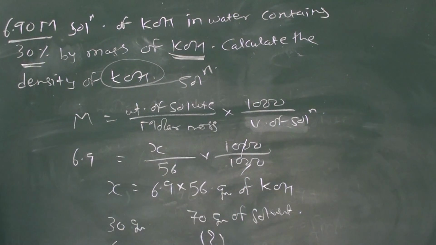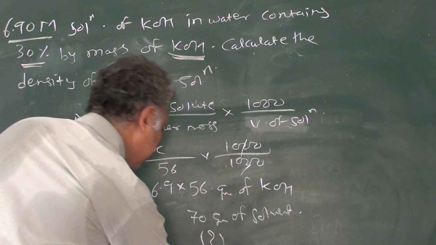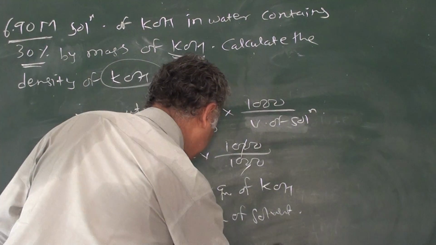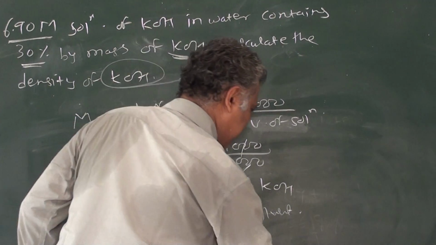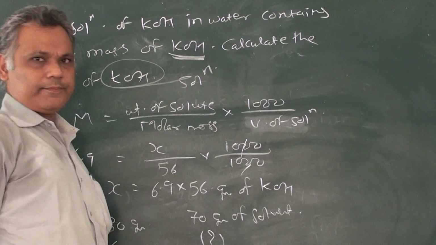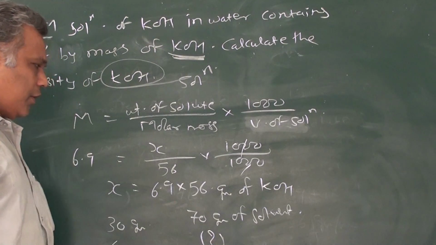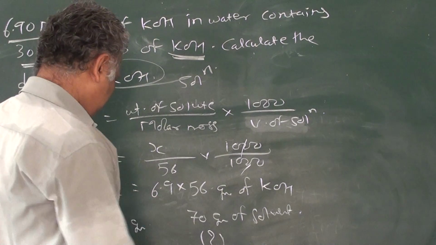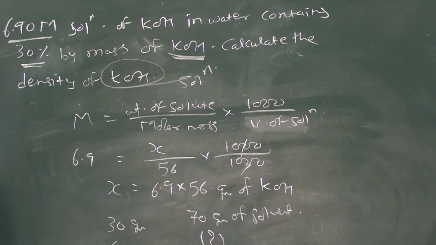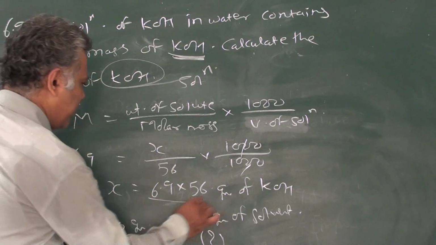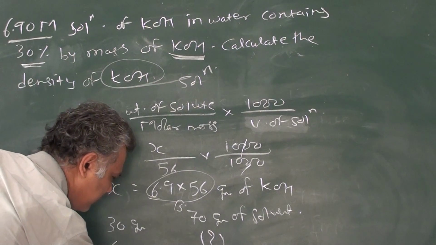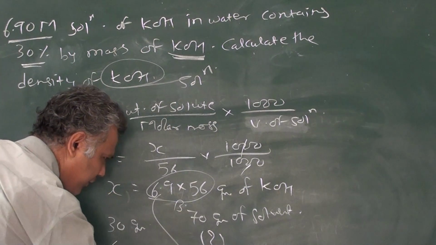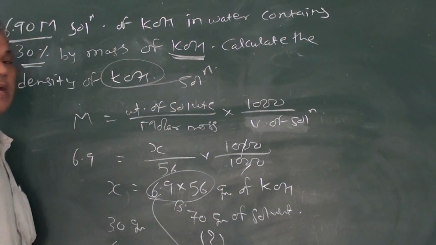So we will get the amount of the solvent as 6.9 into 56 into 70 by 30. Let us suppose it as A. We got it as solvent. We are having the solute, so we will take it as B. So density will be getting as B by A. Substitute the values and you will get the answer.